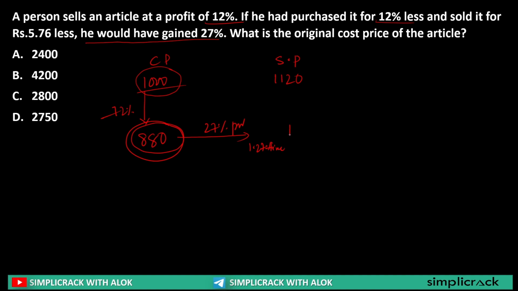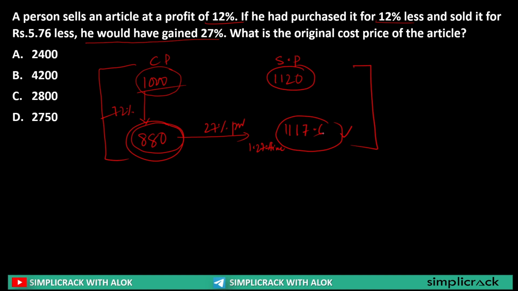It will be around 1117.6. Now this is what assumption we have taken. Now my previous SP was 1120, my new SP is 1117.26. The difference is 2.4, but what will be my actual difference? That is 5.76, right? So 2.4 is equal to 5.76.